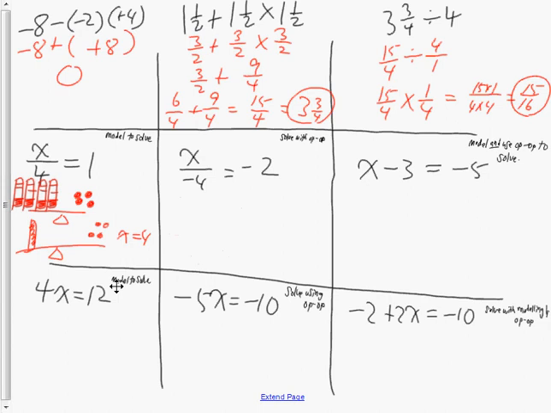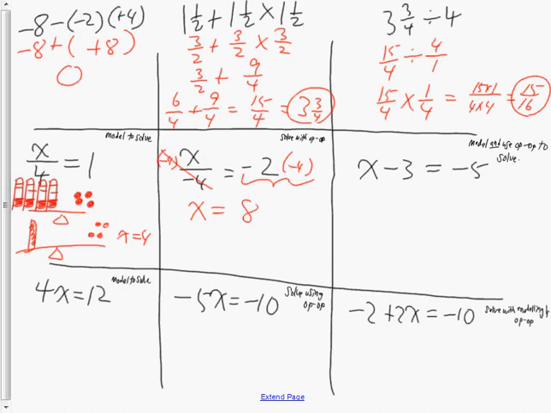But since we're using opposite operation, since I'm divided, this is really x divided by -4. The opposite of that is to multiply by -4. So I'm going to show bracket -4, and that means multiply by -4, and I'm going to do it to both sides. Those are opposite operations. I'm left with x, and over here I have the product of -2 and -4, which is a +8.